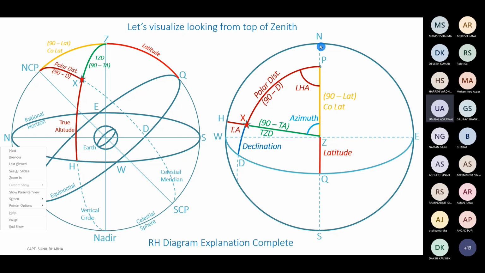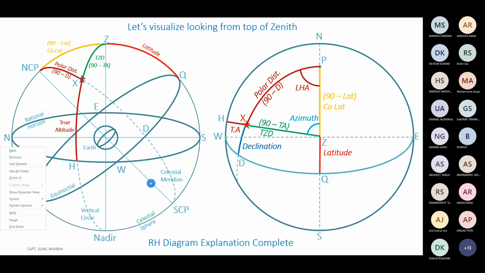Okay sir. In the celestial sphere diagram, if it is below the north south circle, then we will not be able to see it, right sir? Right. If a body has gone below this NESW circle, let's say the body has come here, then it will not be visible to you. So this bottom part of the celestial sphere diagram, which is below the rational horizon, is not visible to us.